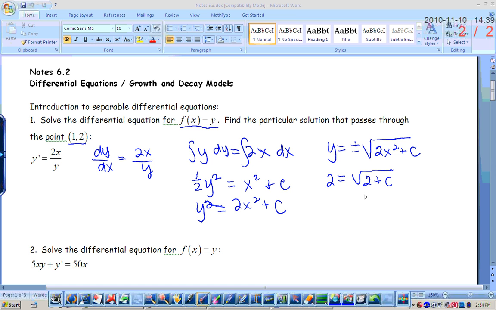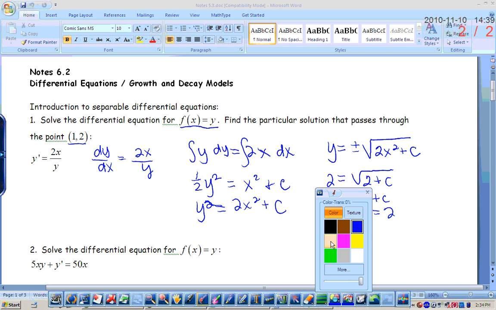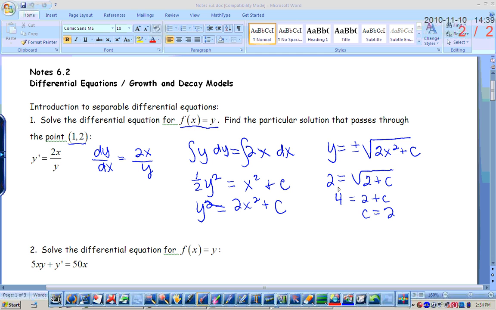If I square both sides to solve for c, then I would get 4 equals 2 plus c, so therefore c equals 2. And remember, you can't just circle c equals 2 and move on. You need to go back and rewrite your equation with the correct value of c. So the final equation is y equals the square root of 2x squared plus 2.